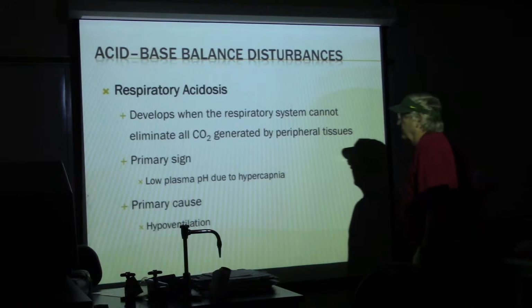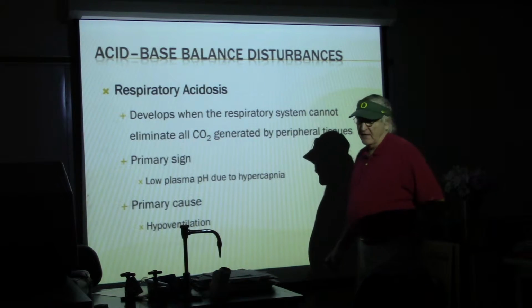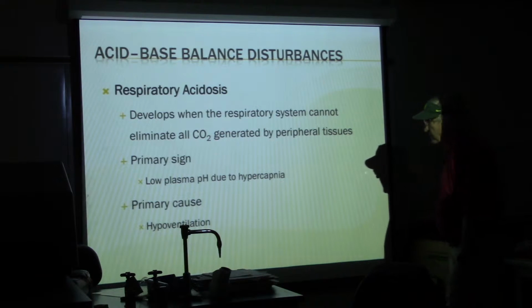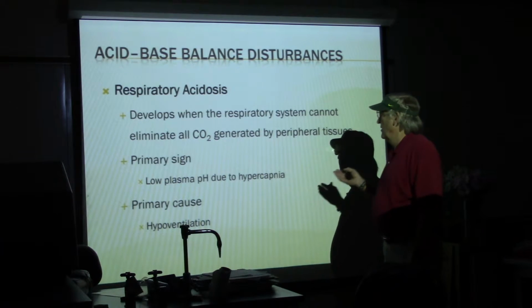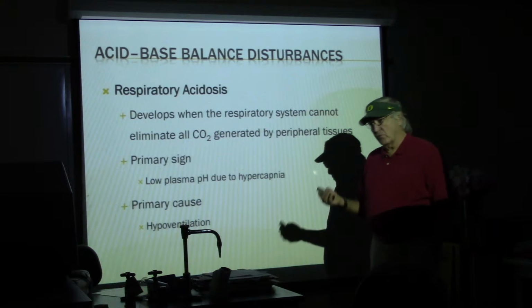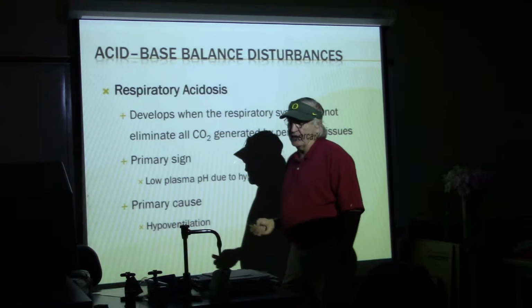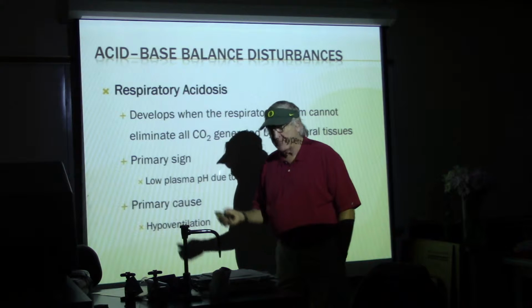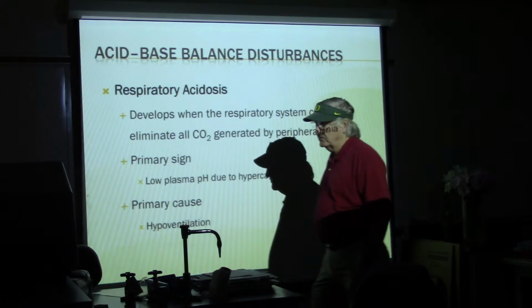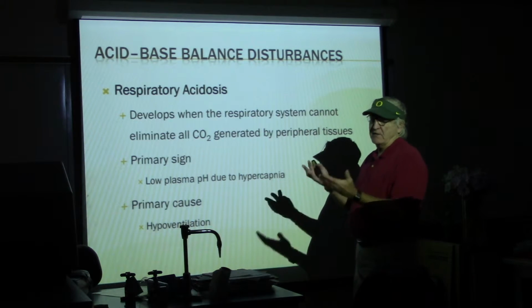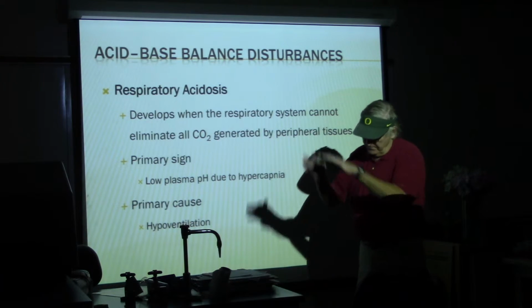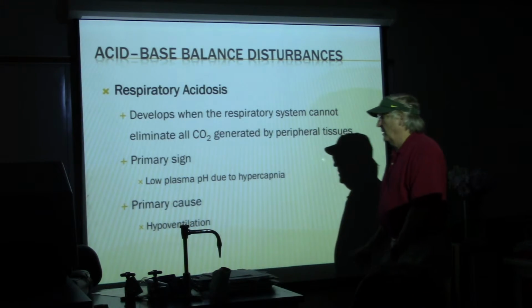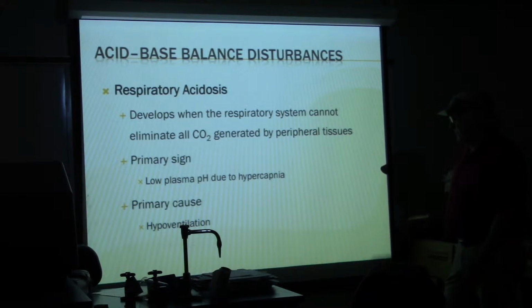Let's talk about the different types of acid-base problems. The first one we'll talk about is respiratory acidosis. By definition, respiratory acidosis is because you're not breathing enough. You're not blowing off enough CO2. The CO2 builds up, you become acidotic. Remember, PCO2 goes up, pH goes down, and enough said.